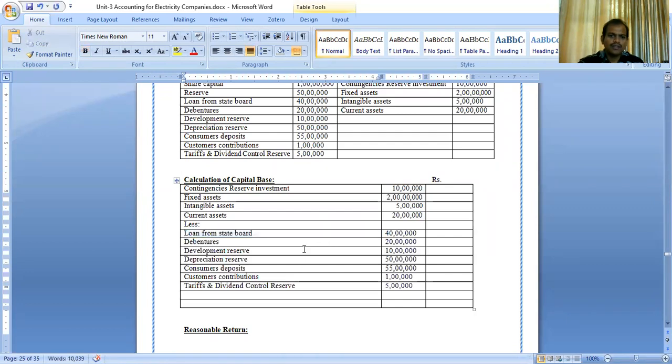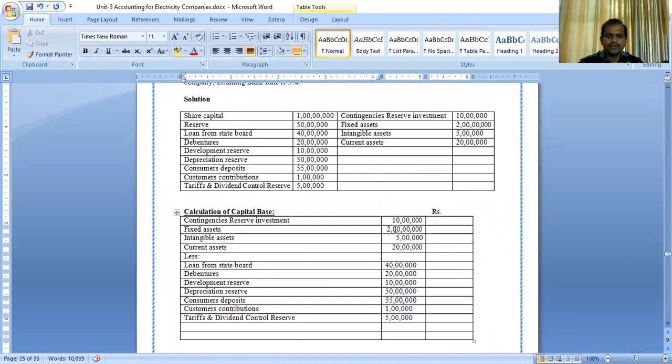So these are the considerable items. Let us sum up these things. It will come around 2 crore 35 lakhs.